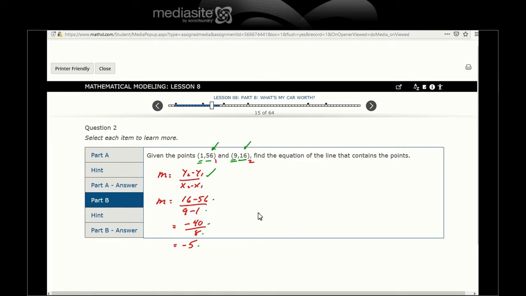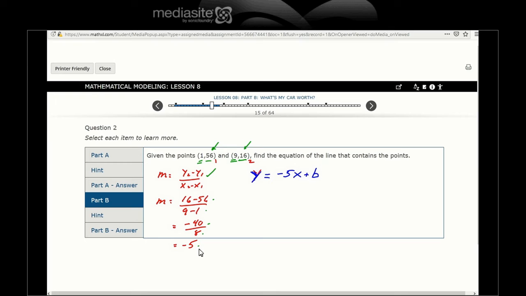Okay, now find the equation of the line. So now using this slope, the base we're working with is y equals -5x plus b.